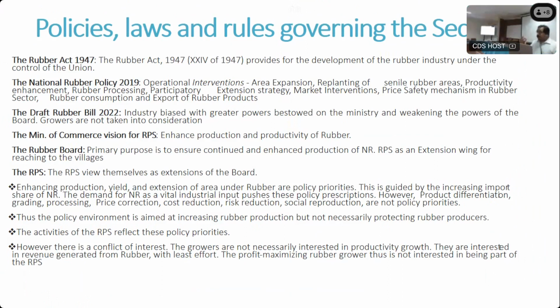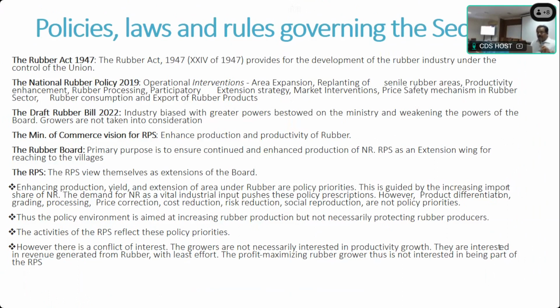So the Rubber Board considers the rubber producer societies as part of its extension wing. It is not an independent autonomous body, but it is actually an extension wing. Now, when we go and talk to the various presidents and functionaries of the RPS, they also carry this view that we are an extension wing of the Rubber Board itself. We are a voluntary organization, but we are an extension.